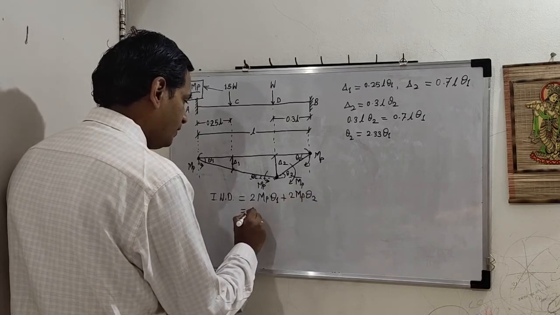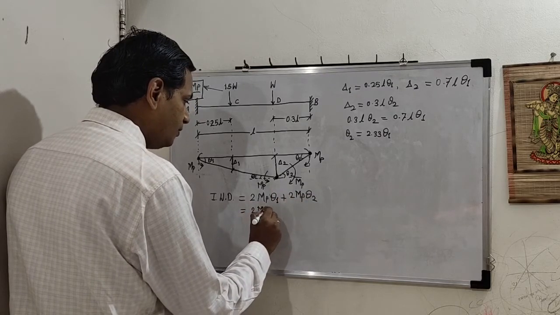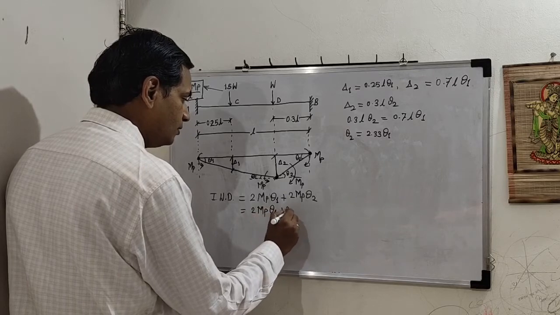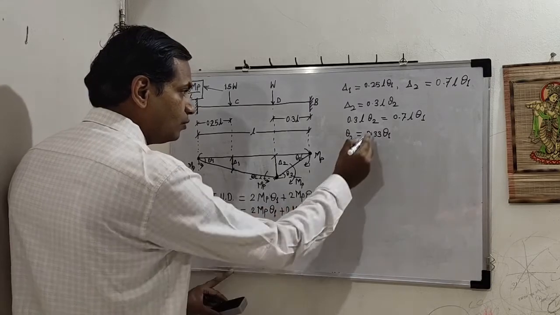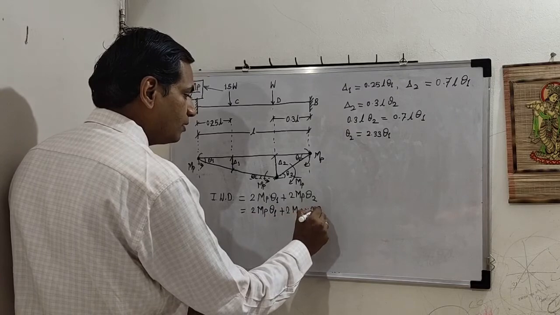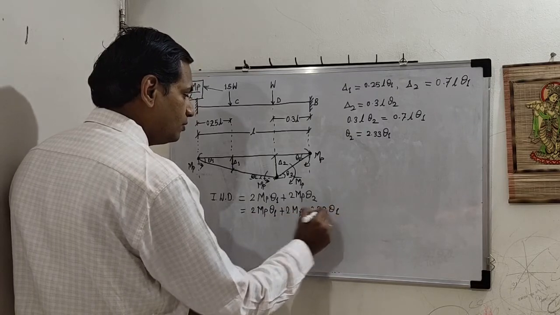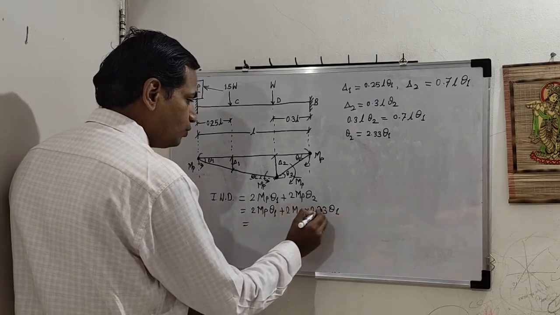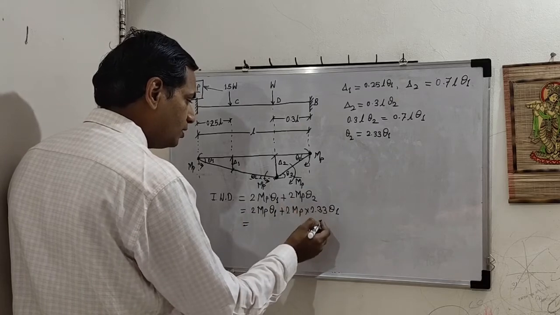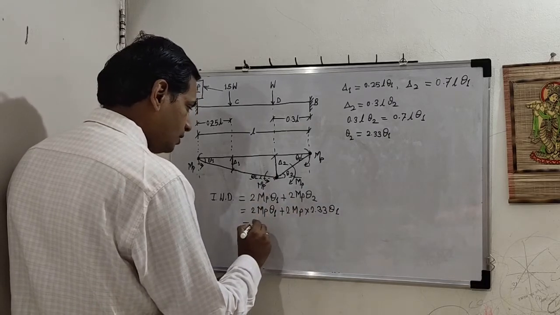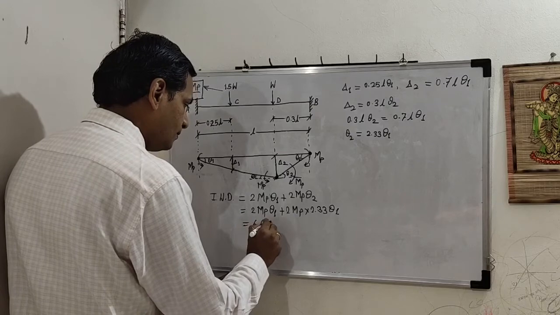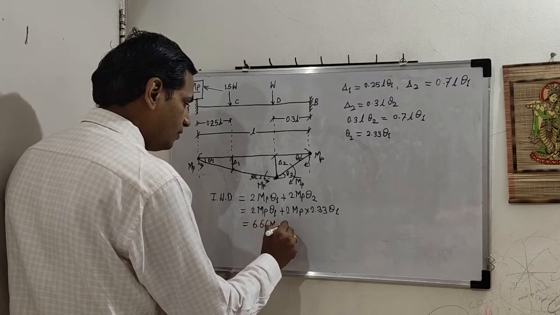So substitute the value of theta 2 here as 2.33 theta 1. So how much is total? 2 times 2.33 is 4.66 plus 2 is 6.66 MP theta 1.